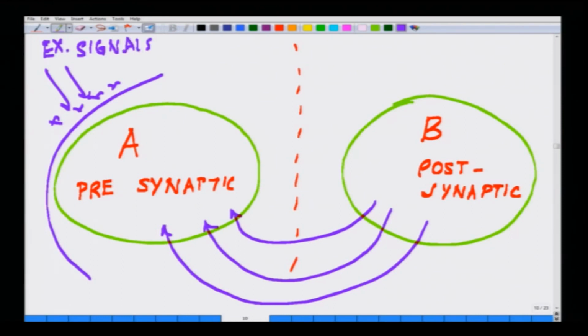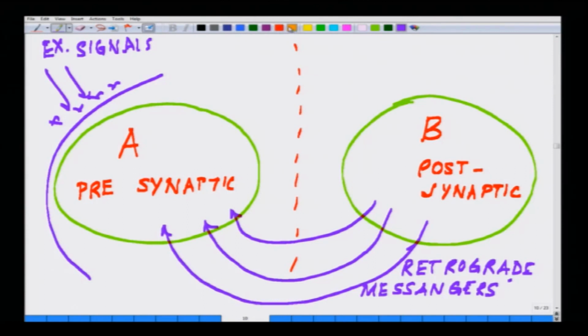Then if it is so, which is suspected it is so, then what are those retrograde messengers? Who are those retrograde messengers? There are indications towards very simple molecules like nitric oxide, NO, arachidonic acid, glycine likewise.